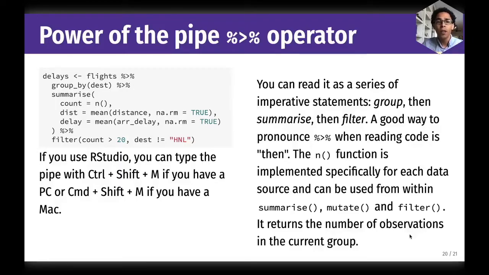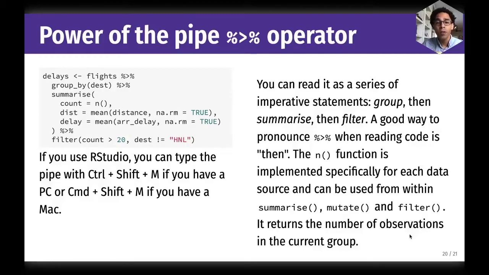The second one is to get the average distance covered by that flight. And the last one is to get the average arrival delay. Finally, we'll pipe that into the filter function to filter out some observations. We're going to ignore the ones for which the number of flights is less than 20, and also we're going to remove the ones whose destination was Honolulu Airport.